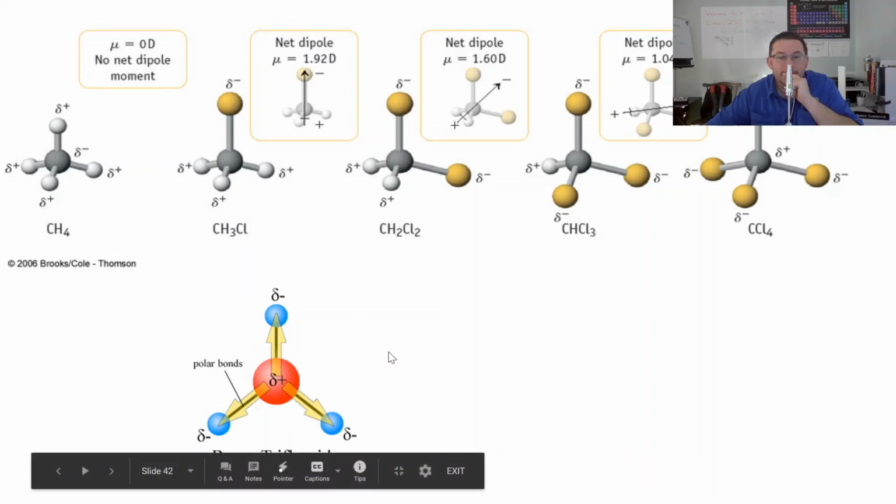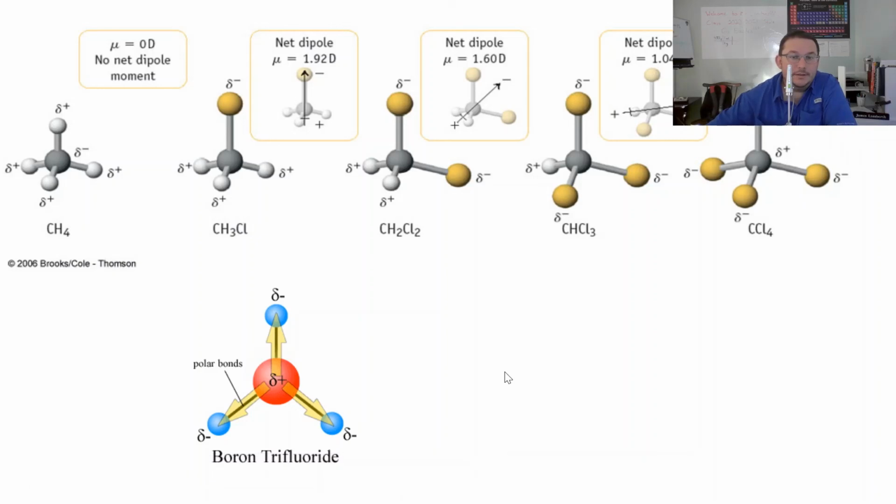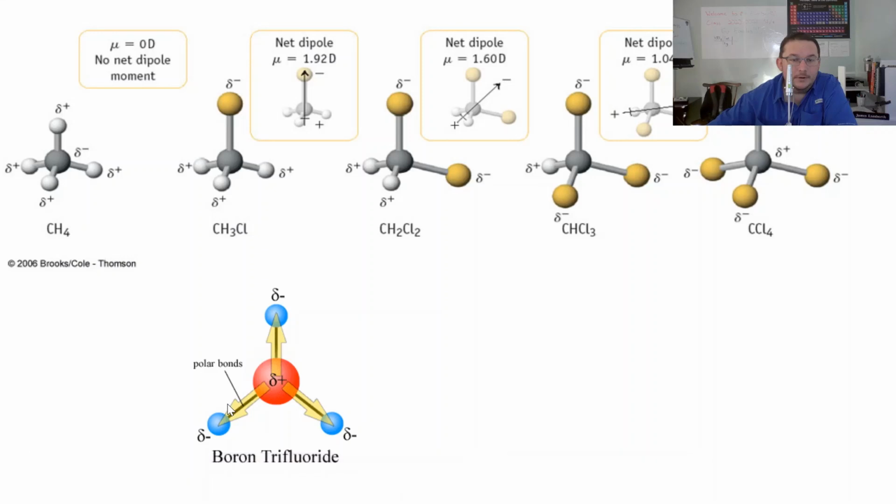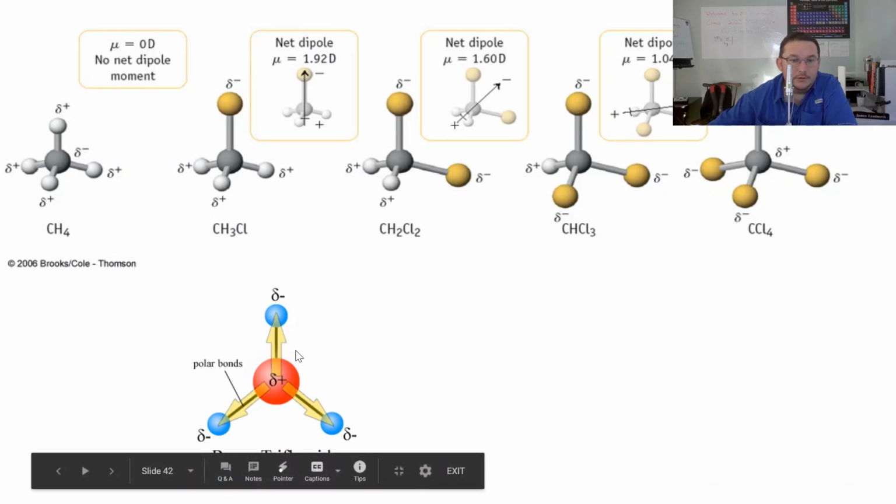Remember, boron is happy with just 6 electrons, and so you have each one of these bonds that's polar, but they're in opposite directions, so they're going to cancel each other out over the course of this whole molecule, so boron trifluoride will be nonpolar.